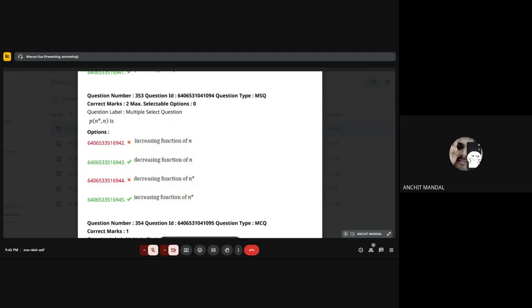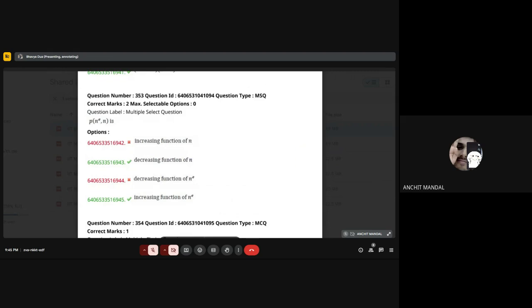P of NE comma N is a decreasing function for N and an increasing function for NE. I don't think there is a derivation for this either. But I do remember this formula.